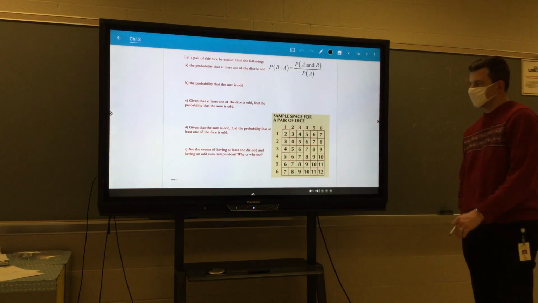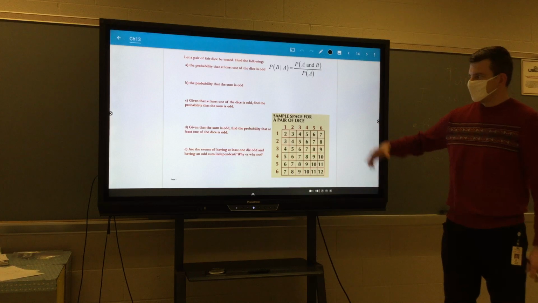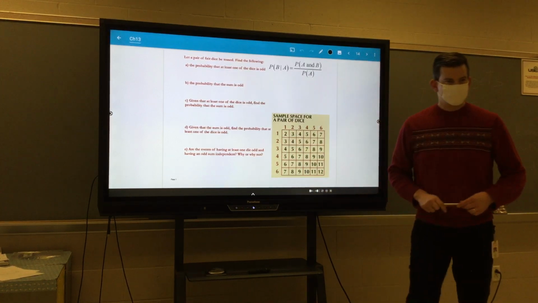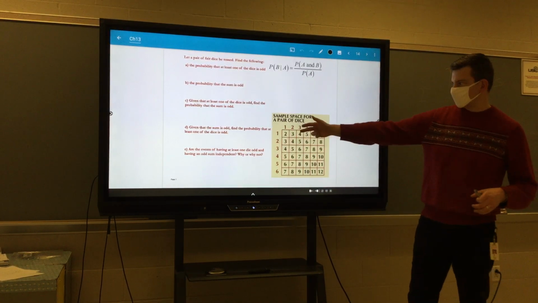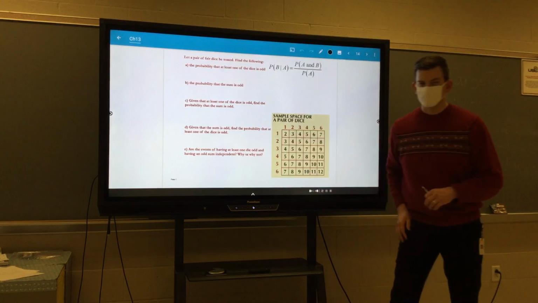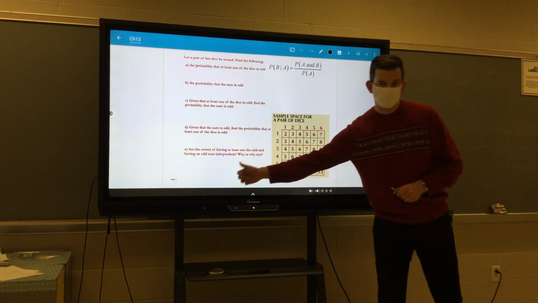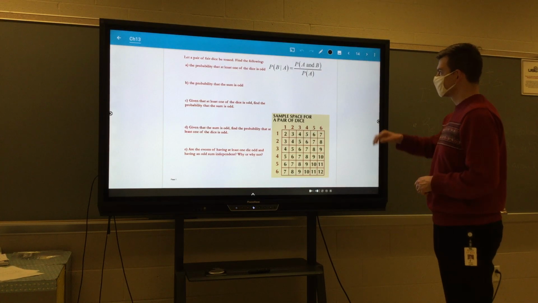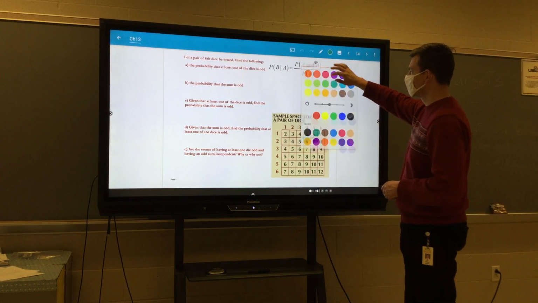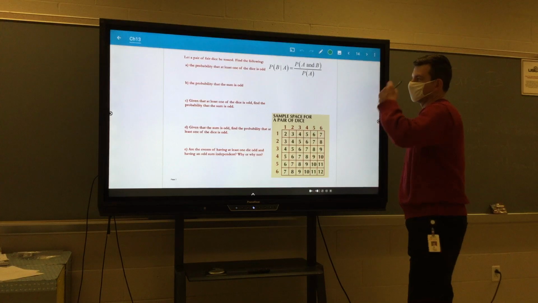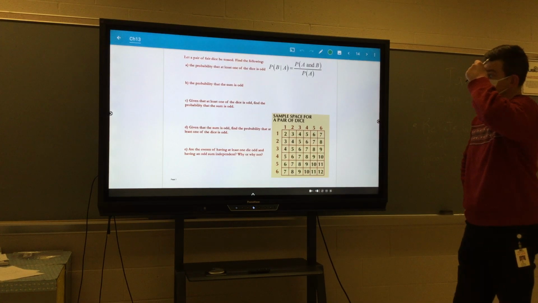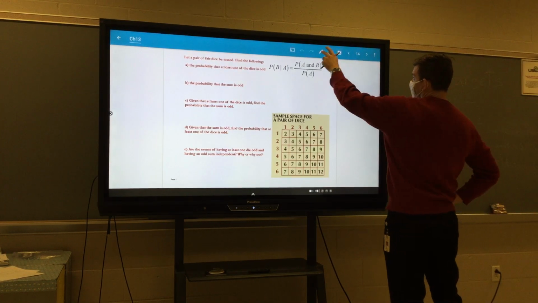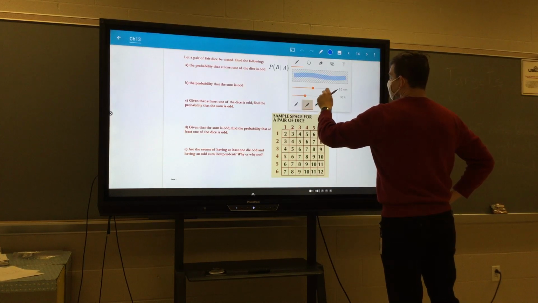Let's try another dice problem. I'll work A and B out with us together, and then I want you to try to answer C, D, the conditional probabilities, and answer that question of independence on your own. So in this problem, we have our 2 events, the probability that at least one of the dice is odd. At least one of the dice is odd.